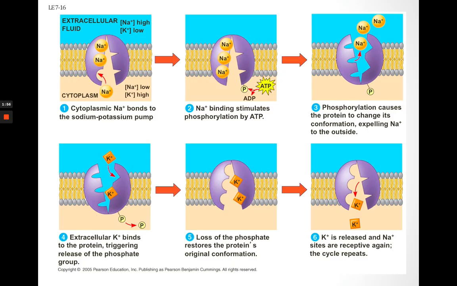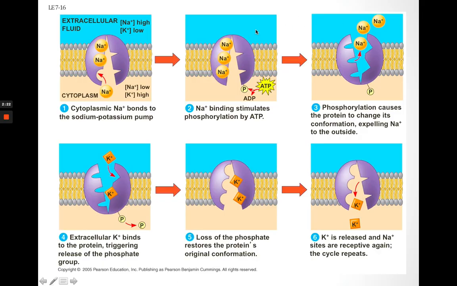Proteins embedded in the membrane are also going to be ion specific, molecule specific. So the sodium-potassium pump can only move sodium and potassium. Now, because it's a pump, it's going to move both of these molecules against their concentration gradient. Interestingly enough, it does not move both of them in the same direction. Okay, so let's take a look at number one.